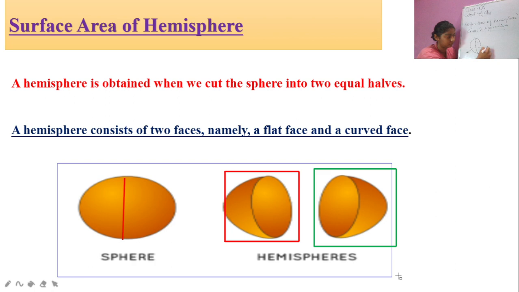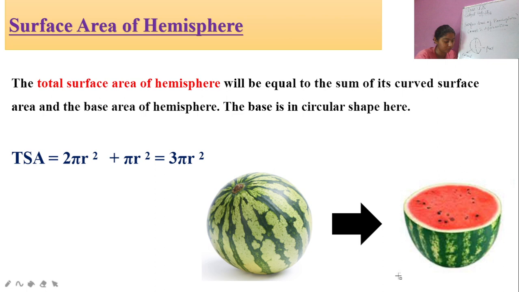Whenever you cut it, you get a flat surface along with a curved surface. These are the two faces of a hemisphere. Now students, we have to find its total surface area. How will we do it? You can see I have a watermelon, right?